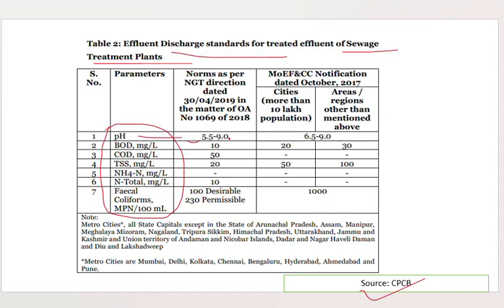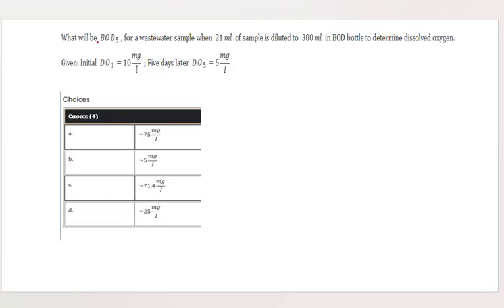Then BOD 10, this is permissible. COD is always more than BOD. Please remember this. COD is 50. Then total suspended solids 20. Ammonia, they haven't mentioned this. Fecal coliform, all this.